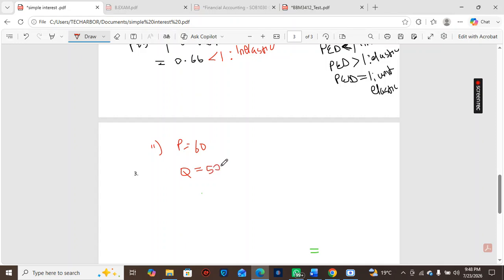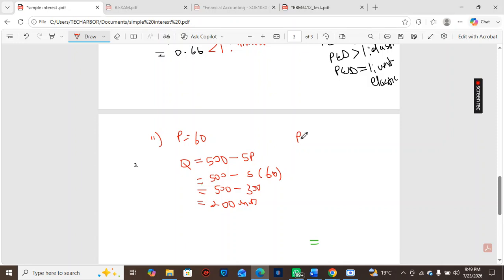So Q equals 500 minus 5P. So 500 minus 5 times 60. 5 times 60, that is 300. So 500 minus 300 gives us 200 units. The price is 60 ngwe, we get 200 units.